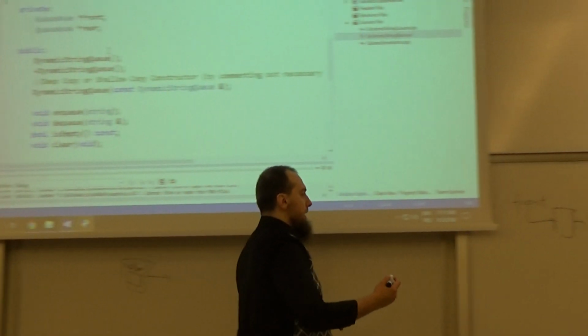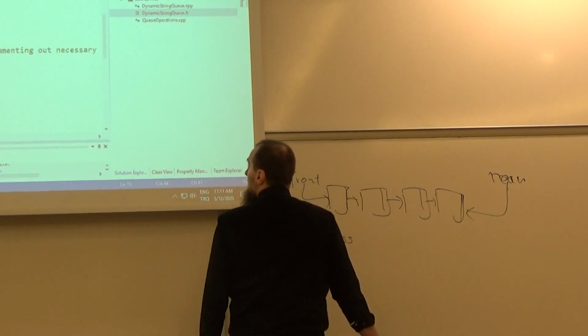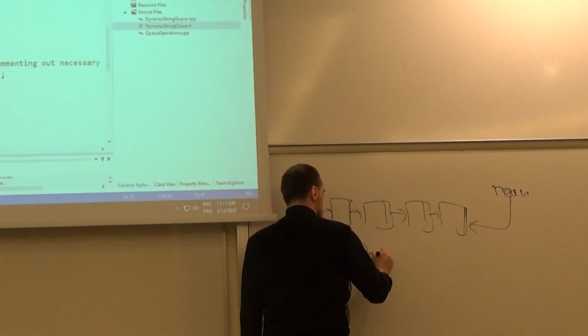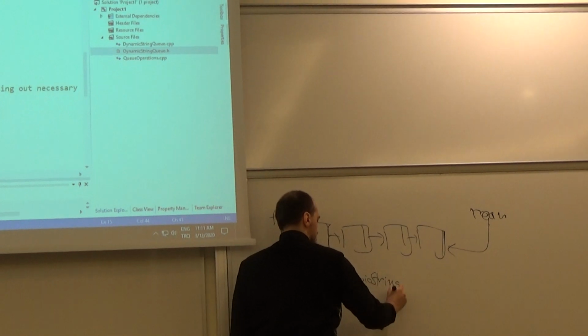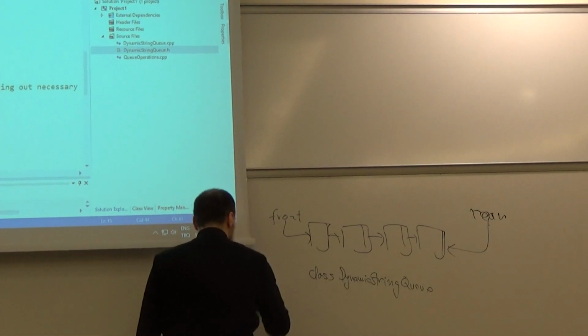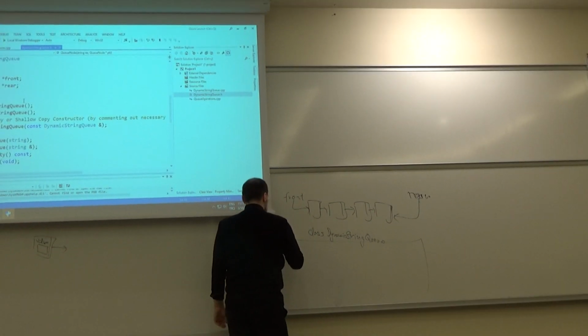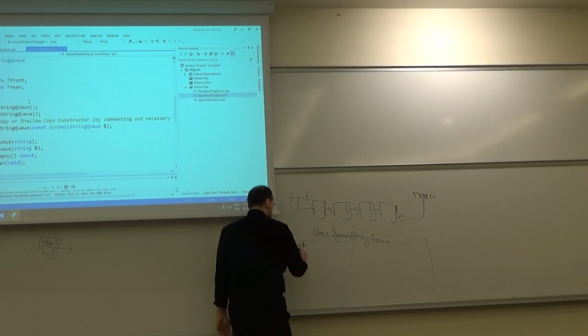So we have class DynamicStringQueue. Okay, let's see what we have here. Private data, private variables. We have the front.